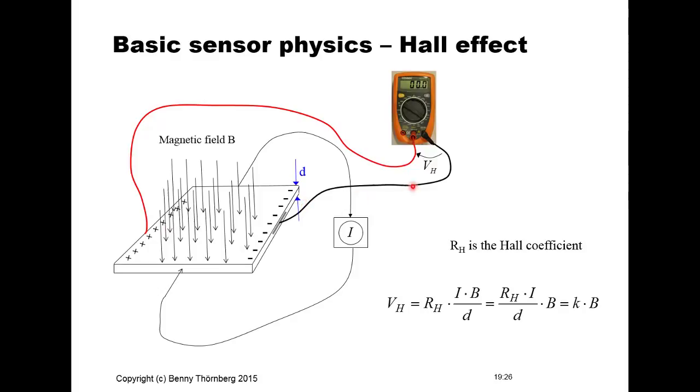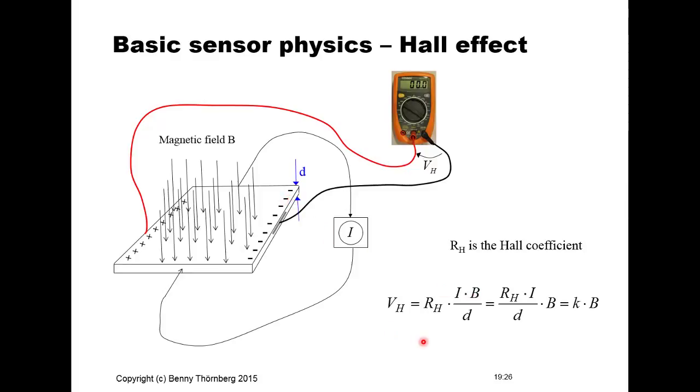The generated Hall voltage will be proportional to the current flowing through the semiconductor material, proportional to the magnetic field strength, and inversely proportional to the thickness of this material.